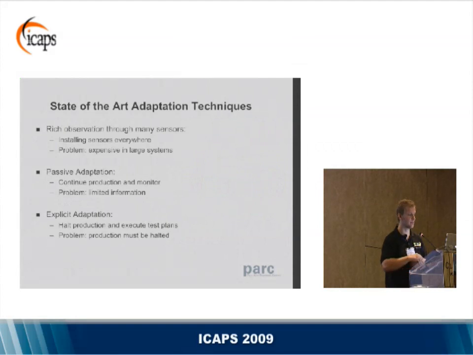For model adaptation, there are basically three very high-level ways you can do it. One is that you put an enormous amount of sensors in there, and then you can measure each individual action and update the model accordingly using some model adaptation scheme. The problem is that it's really expensive if you put so many sensors in there.